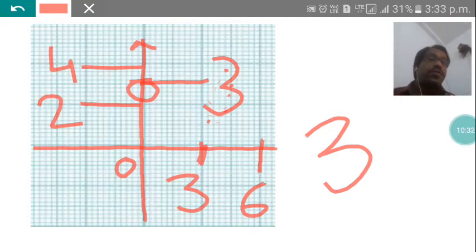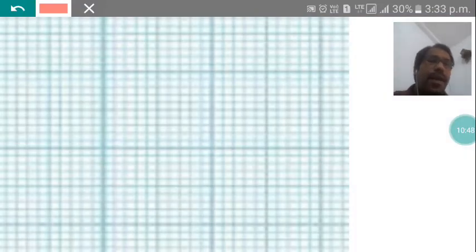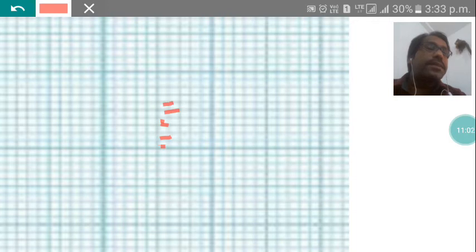Now what is the use of those small divisions? See one thing here. Let me expand it. Though it's not very clear, even then we can manage. If you count this, you will see 1, 2, 3, 4, 5, 6, 7, 8, 9 and 10.